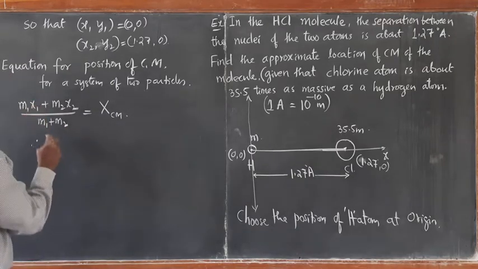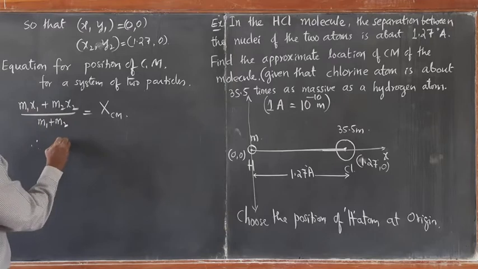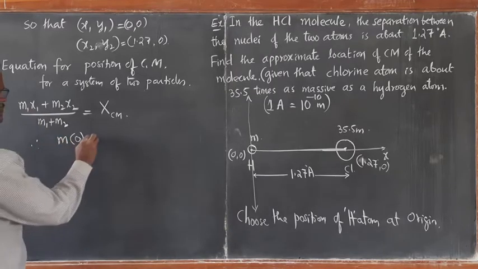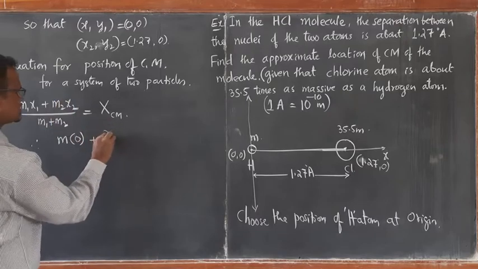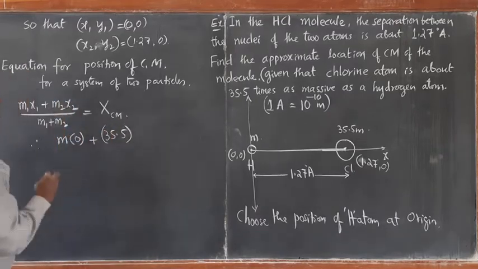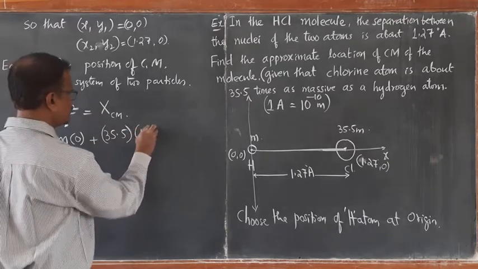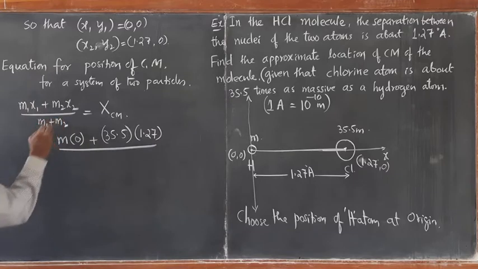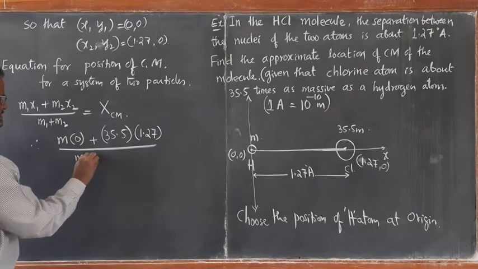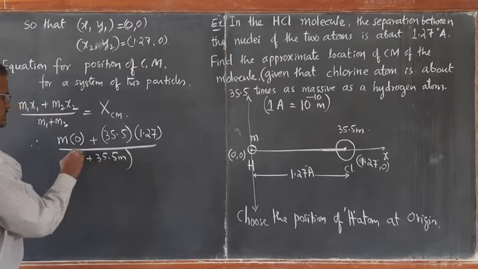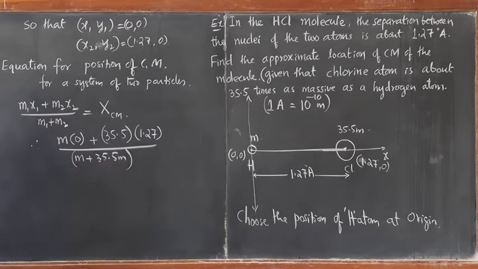Therefore m1 is m into 0, it becomes 0, plus m2 is 35.5 m into x2. What is the value of x2? 1.27, whole divided by m1 plus m2, m plus 35.5 m, so it becomes 36.5 m.